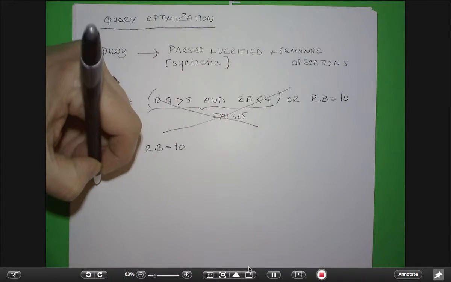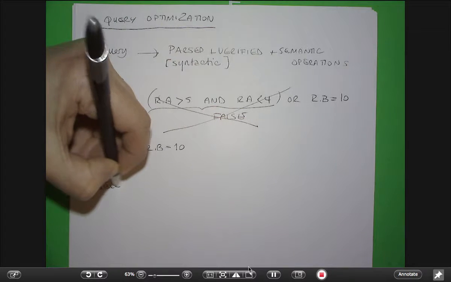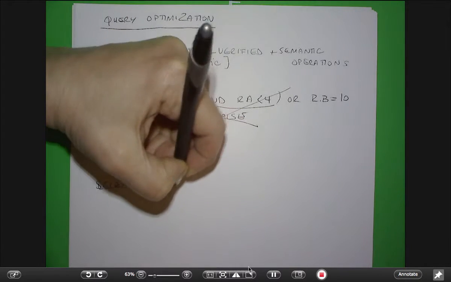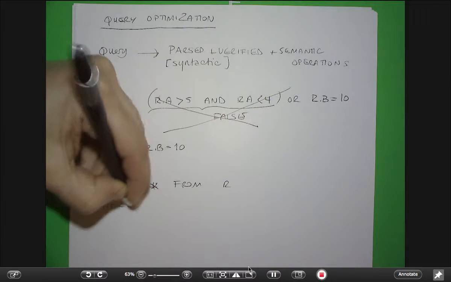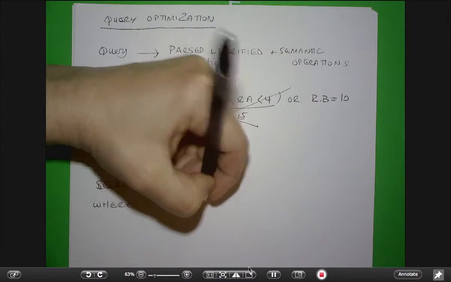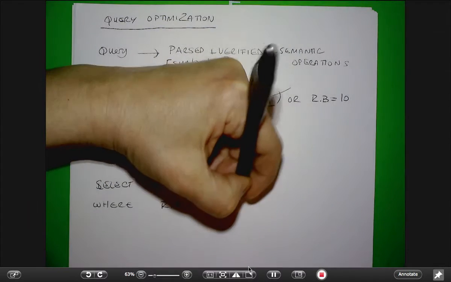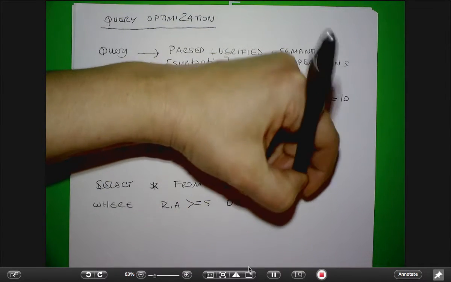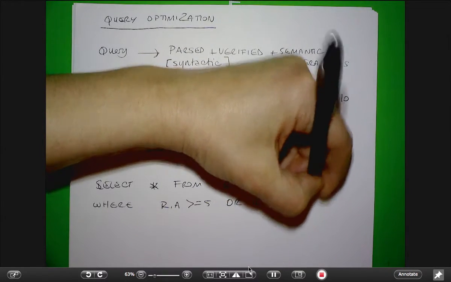Or if you had, for example, select star from R, where r.a is greater than or equal to 5, or r.a is less than or equal to 4.